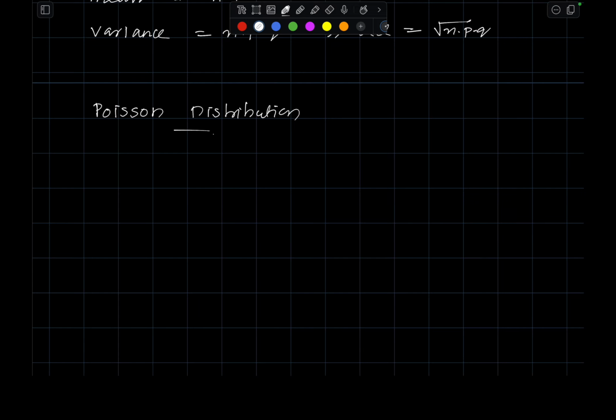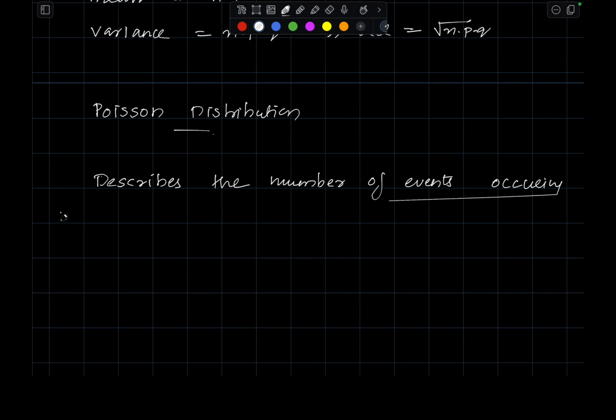So that's how this Poisson distribution is described. So it basically describes the number of events occurring in a fixed interval.